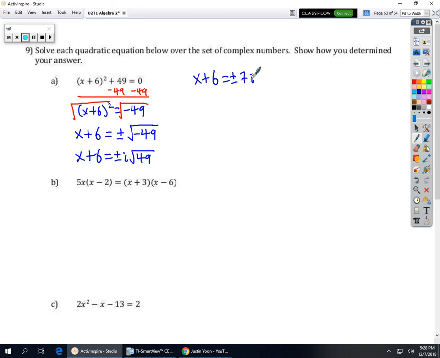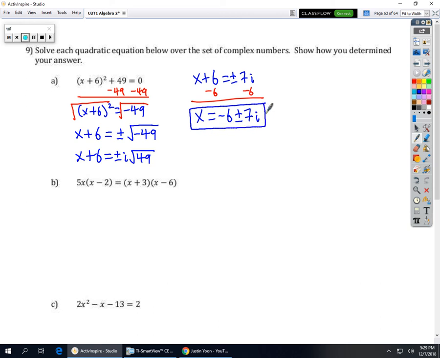With square roots, I usually write the i in front just so it doesn't get confusing whether it's inside or outside the square root. But when it's pretty clear, then I just put it afterward. And subtract the 6. I'm left with x equals negative 6 plus or minus 7i. So those are our two solutions.